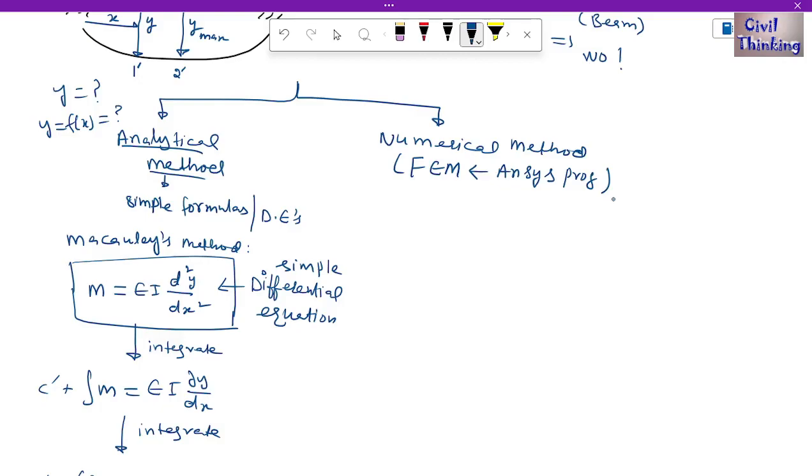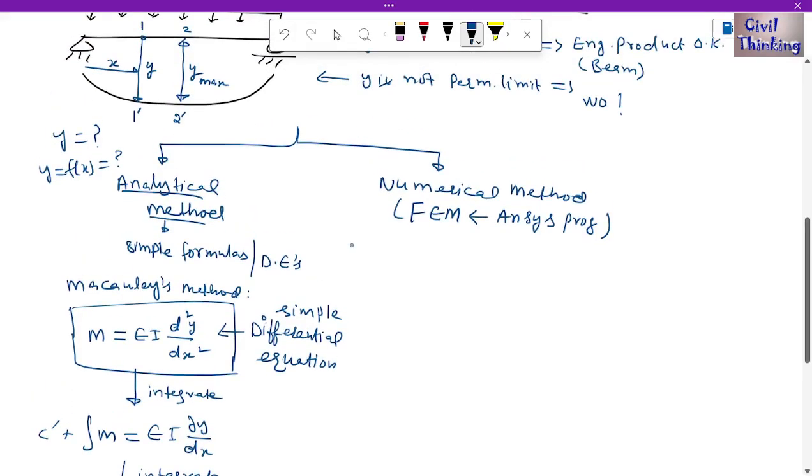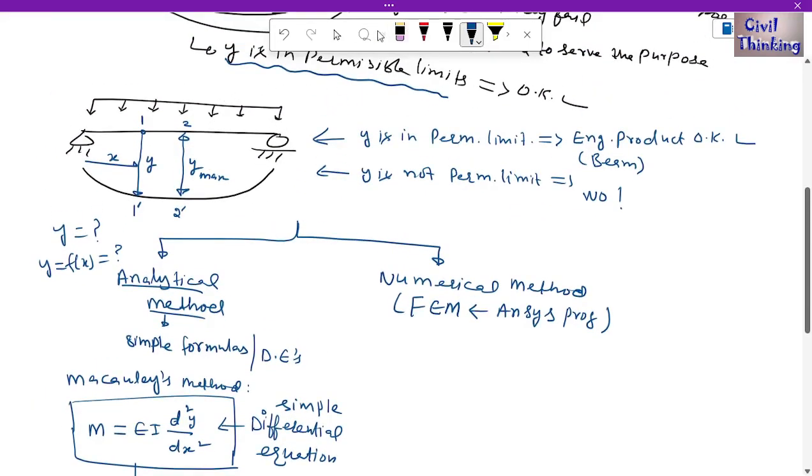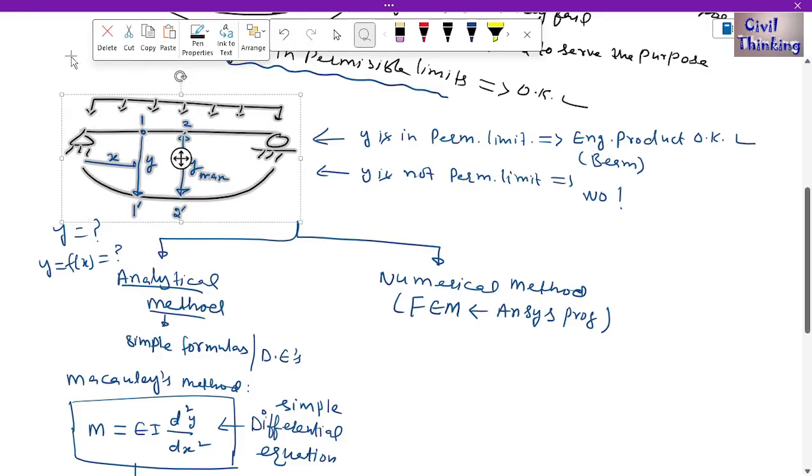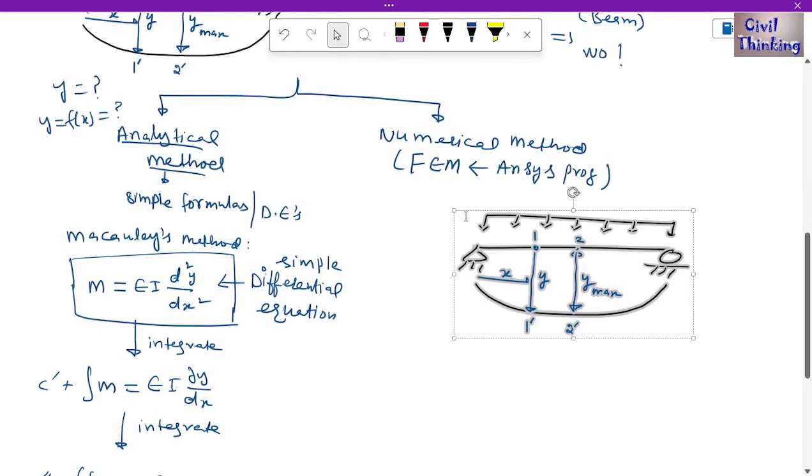Now when we talk about the Ansys program, what does it do? If we take the same problem here, let us see how FEM will solve it.